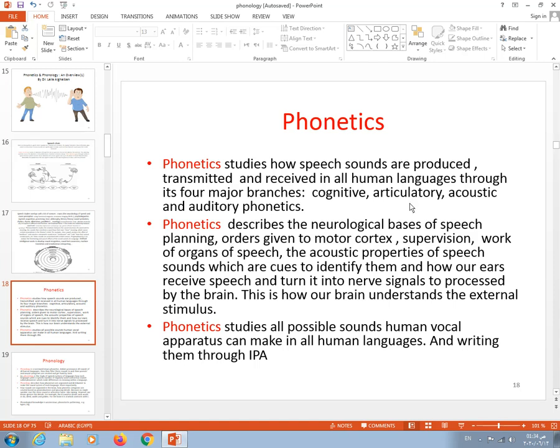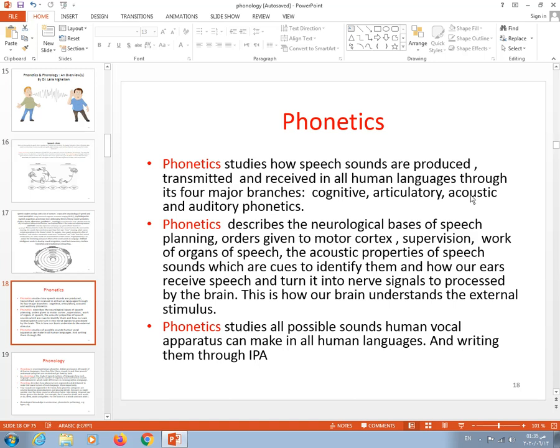We have also articulatory phonetics that focuses on the description of sounds in terms of how speech organs work in order to produce sounds or speech.